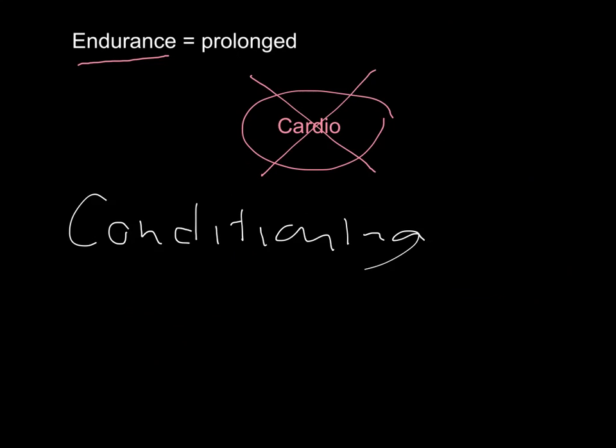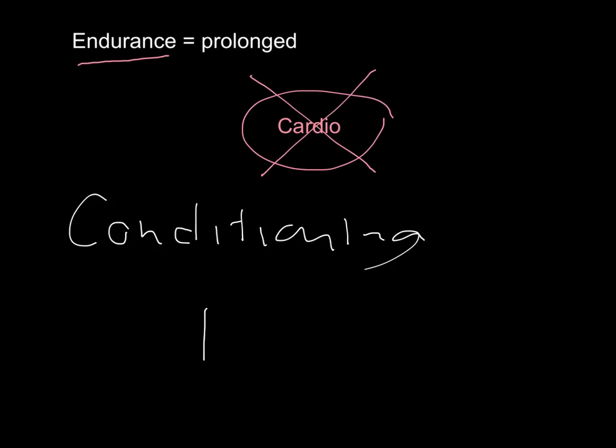The big thing that I want to point out is that in order to train for endurance, you don't need to run on a treadmill. You don't need to use an elliptical machine, right? You can move a submaximal load for a prolonged period of time. An example of this would be pushing a weighted sled. I'll draw a little picture of it.